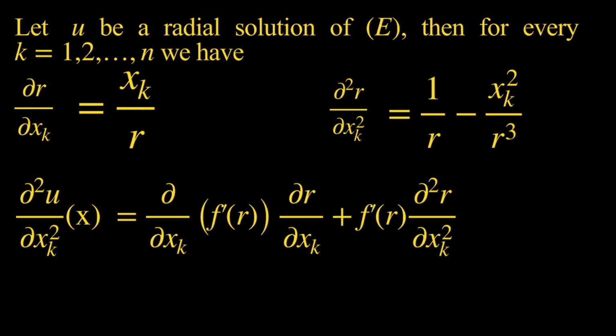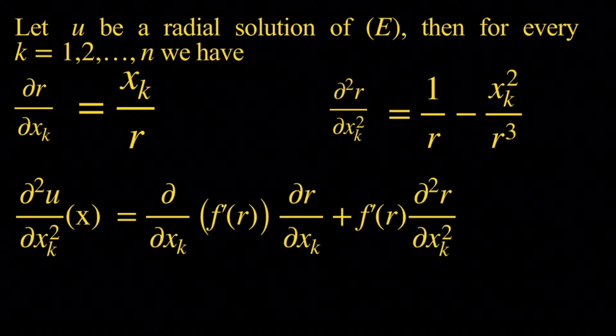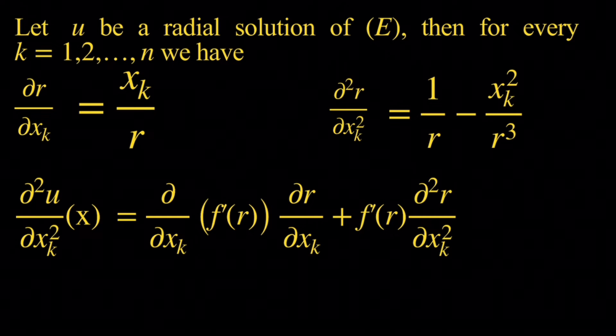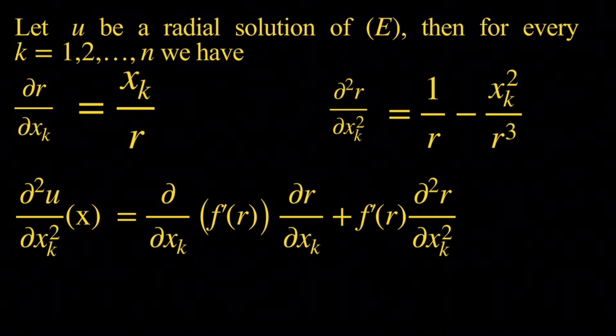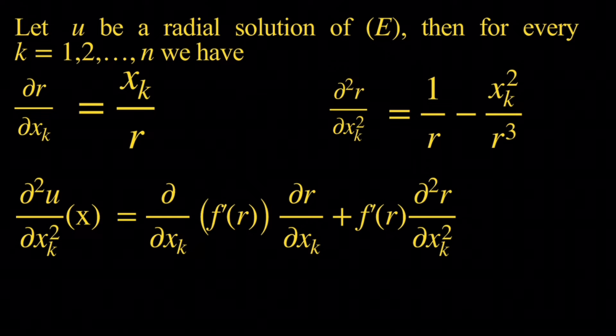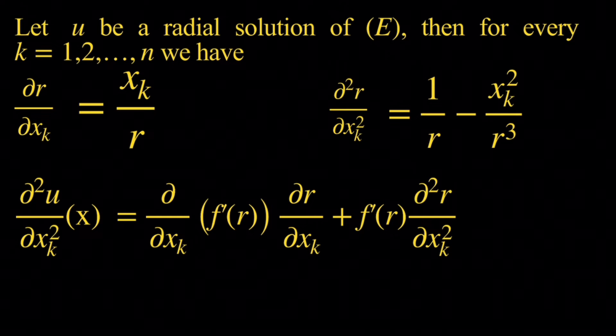Now for the partial derivative of f prime of r with respect to xk, we're going to apply the chain rule. And for the first and second partial derivatives of r with respect to xk, we're just going to replace with what we already got up there.